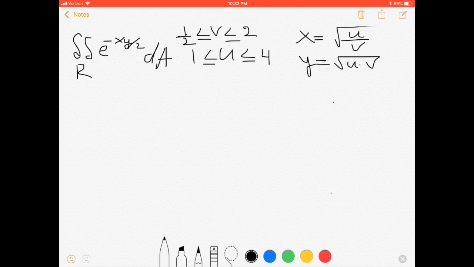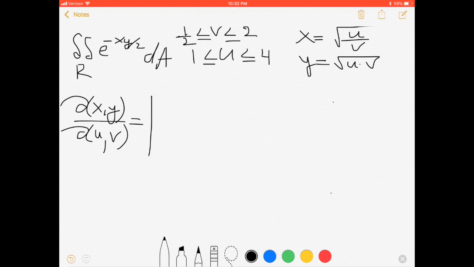The Jacobian will be d(x,y) over d(u,v), what we have here. First row, take the derivative of x with respect to u.